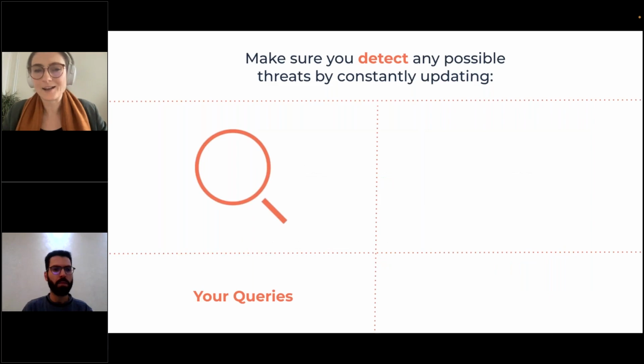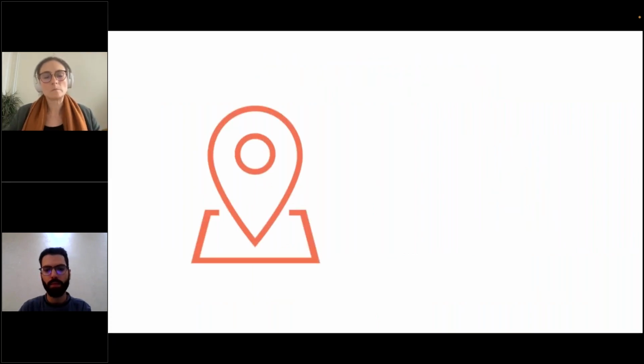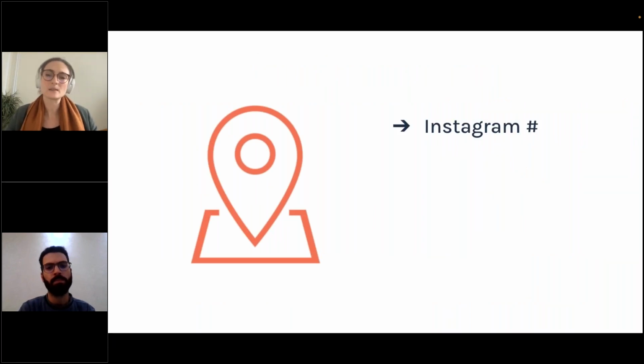Okay, moving on. So we've covered the queries, but I was saying also don't forget about custom sources. They also play an important role. And here is the place where you should add. So let's say that the boycott Dove hashtag is being used on Instagram.